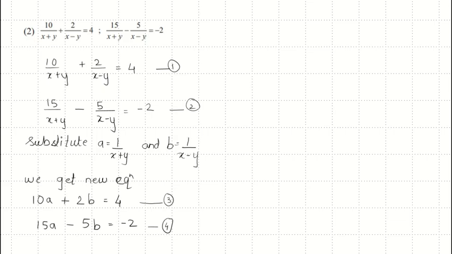Now what we will do, see here, this is 10 and this is 15 here. So to match these equations, we will multiply equation number 3 by number 5.